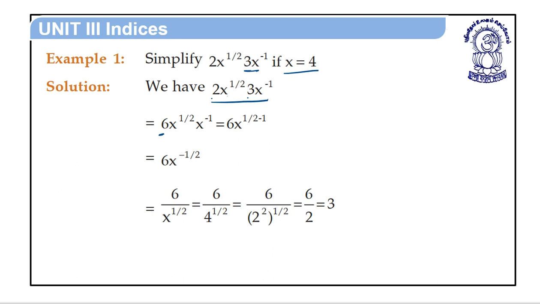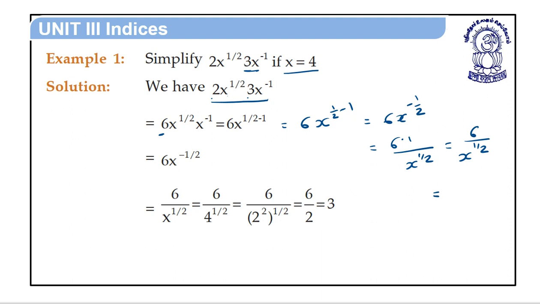So we can use the law: 6x raised to 1 by 2 minus 1. So 6x raised to minus 1 by 2, which is 6 upon x raised to 1 by 2.